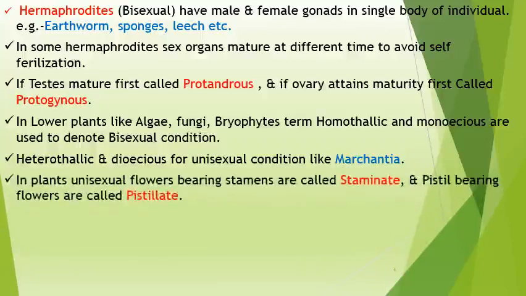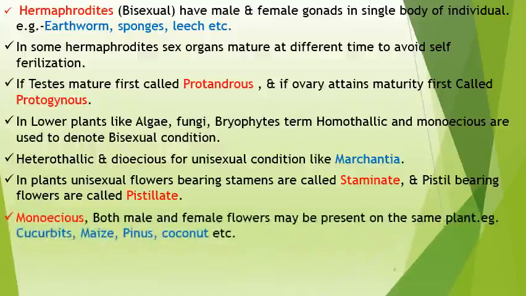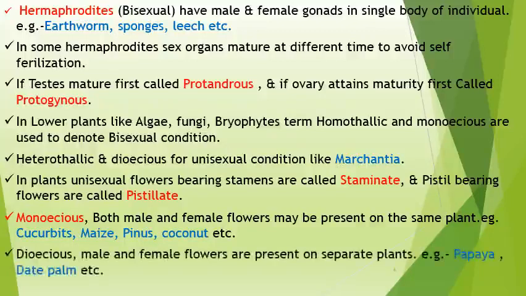In plants, unisexual flowers bearing stamens are called staminate, and pistil-bearing flowers are called pistillate. In the monoecious condition, both male and female flowers may be present on the same plant, like cucurbits, maize, pinus, coconut, etc. In the dioecious condition, male and female flowers are present on separate plants like papaya, date palm.